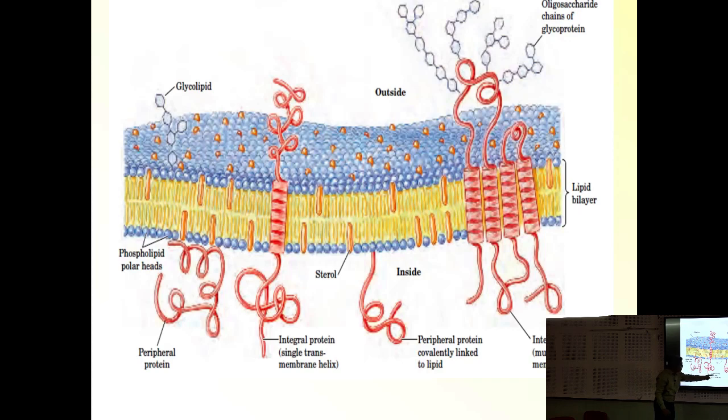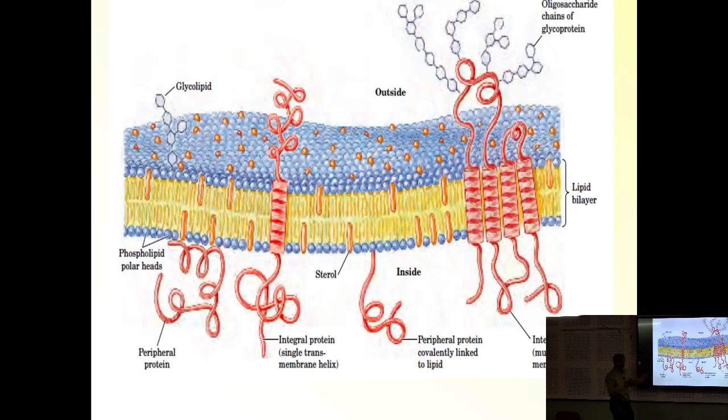These integral proteins may have a single transmembrane helix, and another type has multiple transmembrane helices, coiling like this. Similarly, there are peripheral proteins, at the end of that. I will show you the structure here. You will find peripheral proteins. One of the components of the cell membrane is the glycolipids.